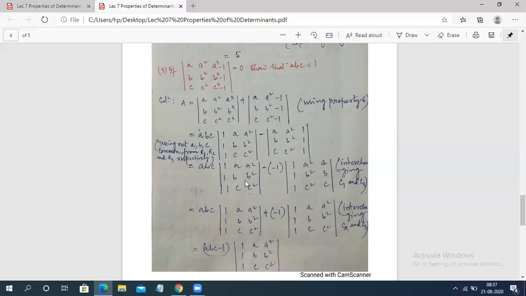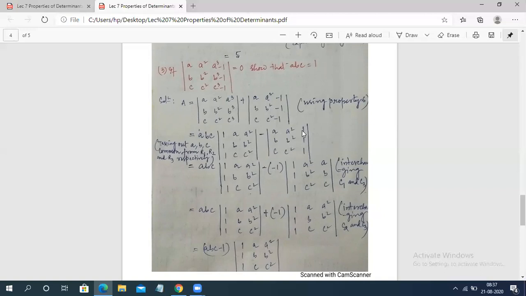Now we have to make these two determinants the same so that we can take this common. To make it identical with this determinant, interchange the columns, first C1 and C3.